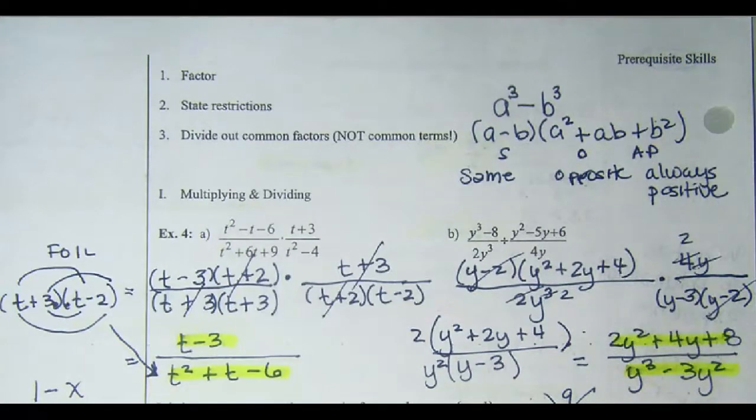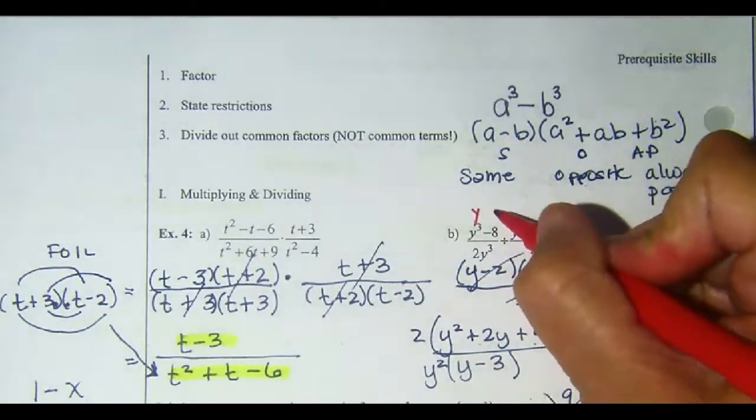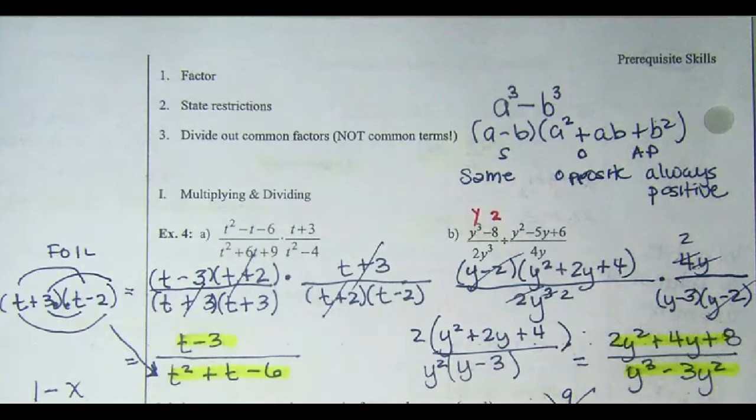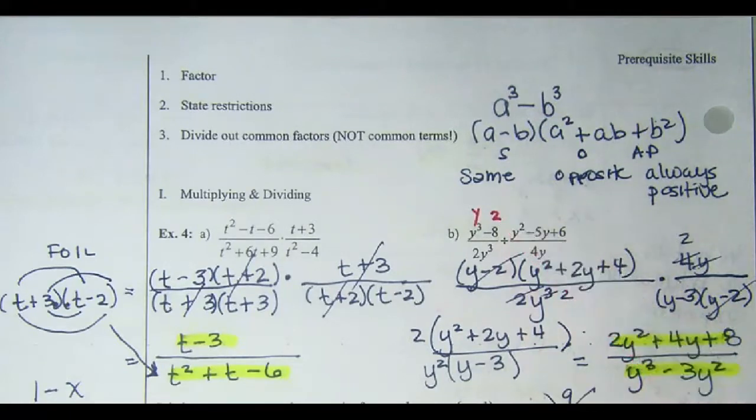And how you know you have a difference of cubes is y times y is y cubed, and 2 times 2 is 4, times 2 is 8. So those are perfect cubes. So in this formula, the y is the a, and the b is the 2, the perfect cube. So it factors as y minus 2 times y squared plus 2y plus 4.